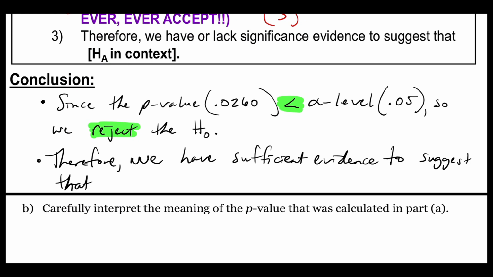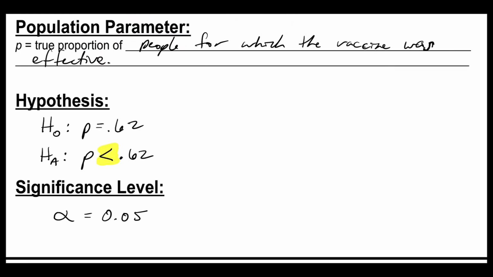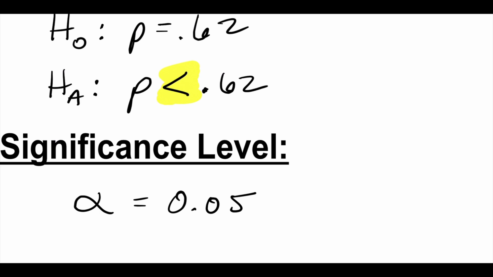Well, the alternative we have, but it's in symbols. We have to put it into context. So let's go back to the alternative. The alternative was that the true proportion is actually less than 0.62. That's what we got to say. That the true proportion of effective vaccines is actually less than 0.62.